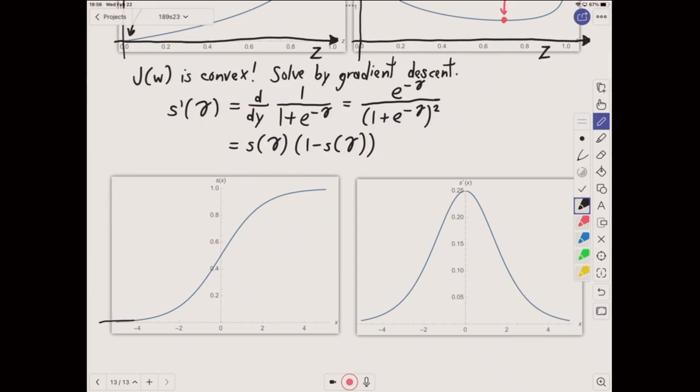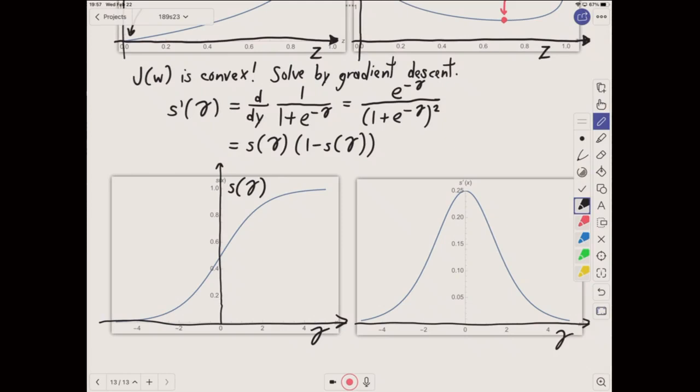The horizontal axis is gamma, and the vertical axis is the logistic function, s of gamma. And on the right-hand side, we have the derivative. The horizontal axis is also gamma, and the vertical axis now is the derivative of the function on the left.